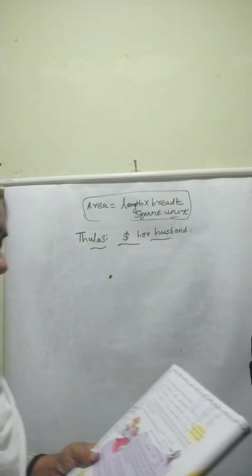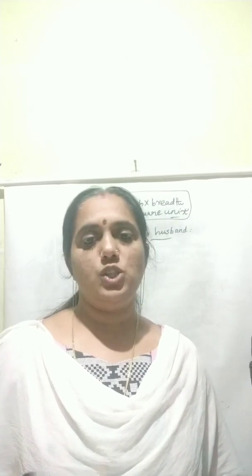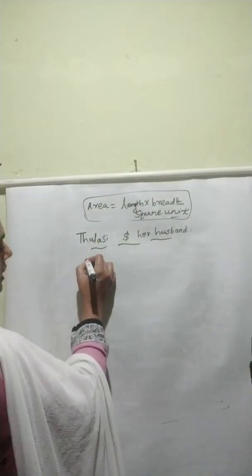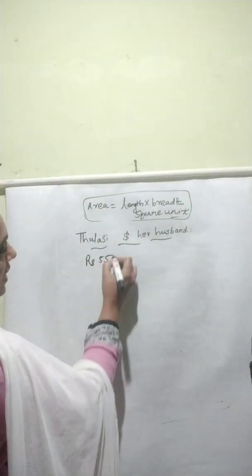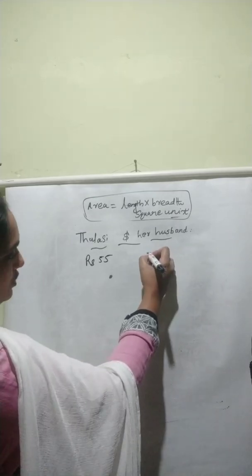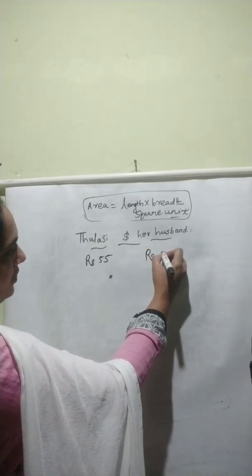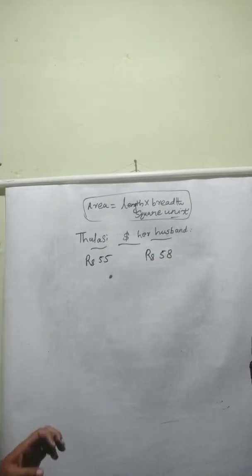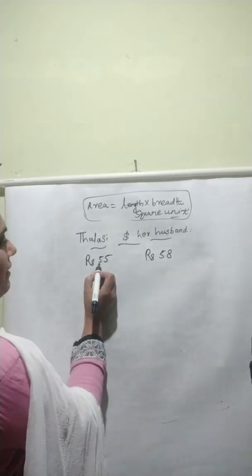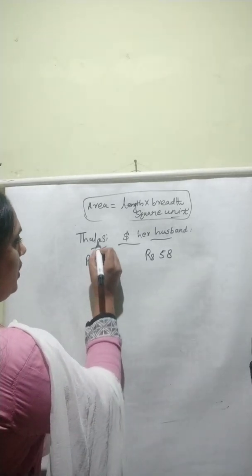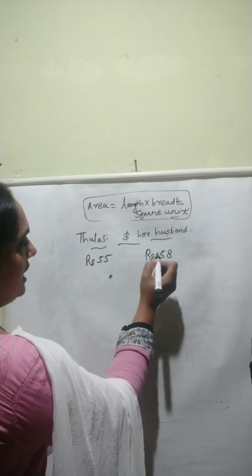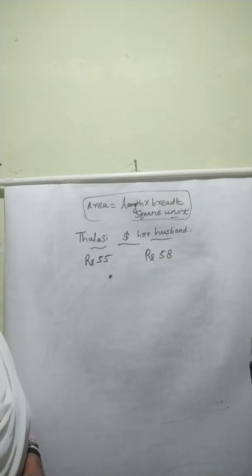But he pays rupees 55 to Tulasi and rupees 58 to her husband. So he didn't give that much. He paid Tulasi rupees 55 for 1 day, and her husband rupees 58 for 1 day. If they work for 1 day, Tulasi will get 55 rupees and her husband 58 rupees.